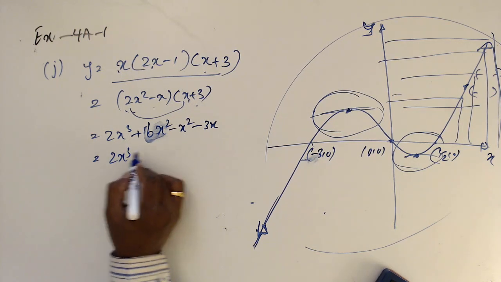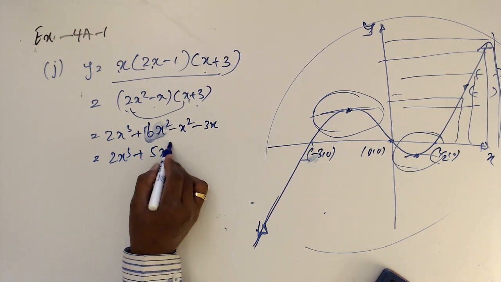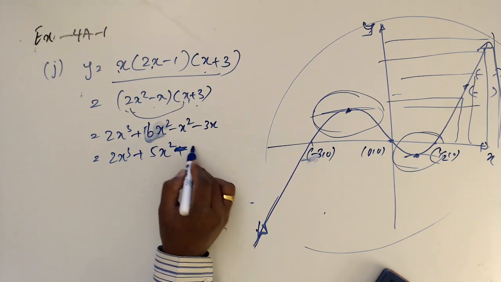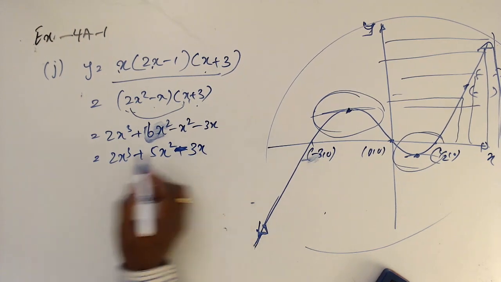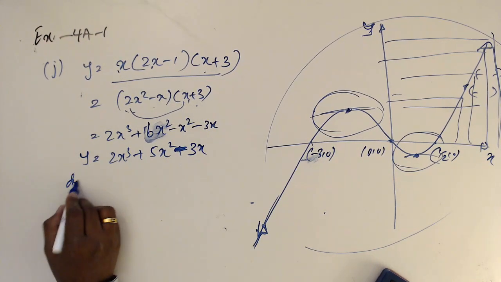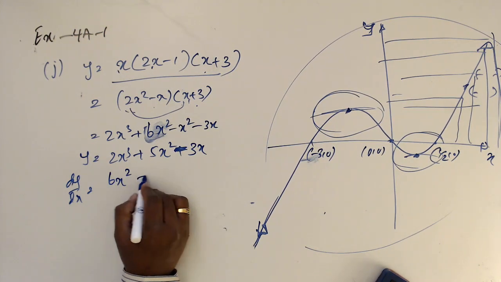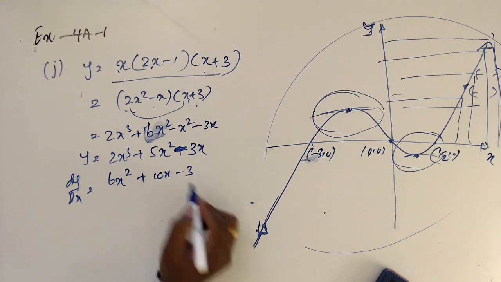So 2x cubed plus 5x squared minus 3x. This is y. dy over dx is 6x squared plus 10x minus 3.